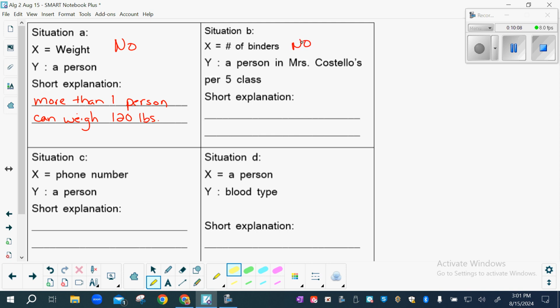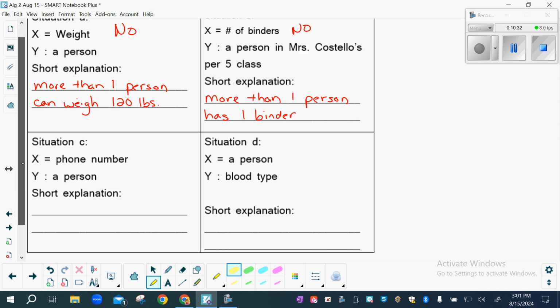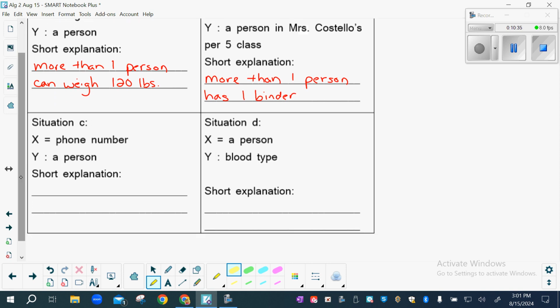No. And the explanation could be more than one person has one binder. Does that make sense?